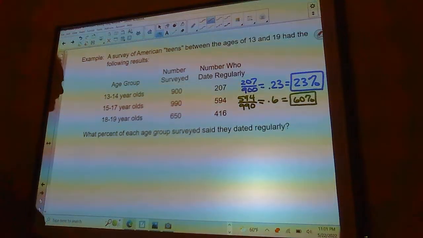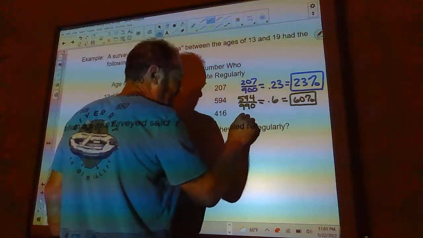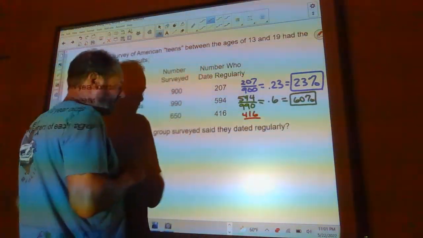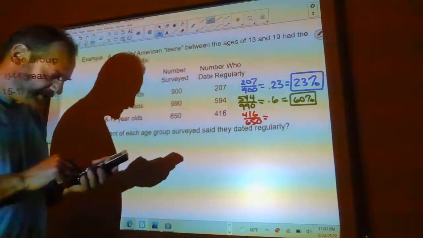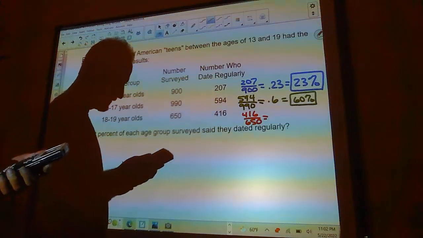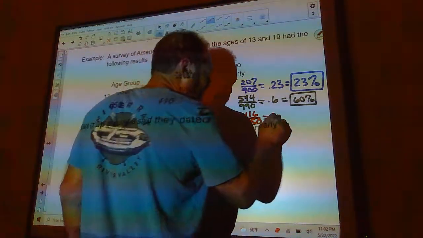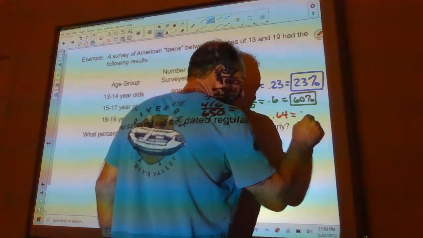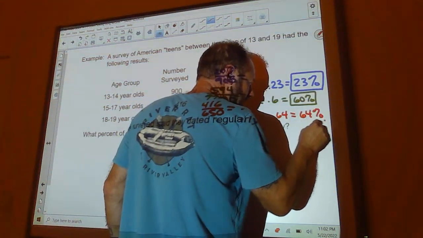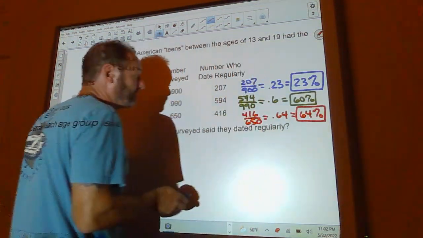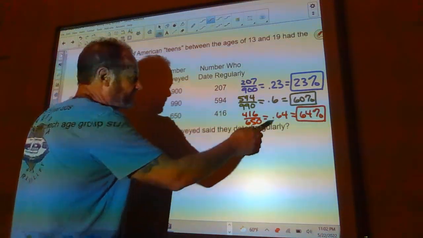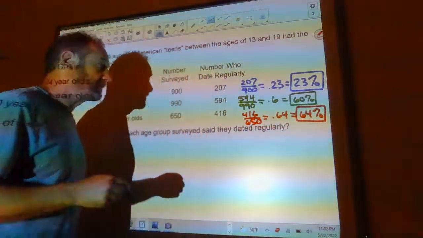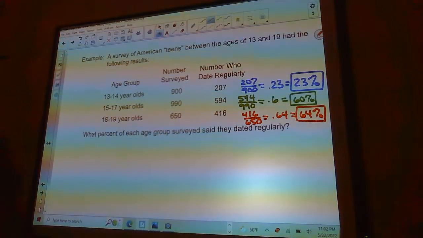And then the 18 and 19-year-olds, that would be 416 out of 650. 416 divided by 650 is 0.64, which is 64%. People often get fooled because this is a smaller number than this. They think this is less than that, but by percentage, it's actually a bigger number.